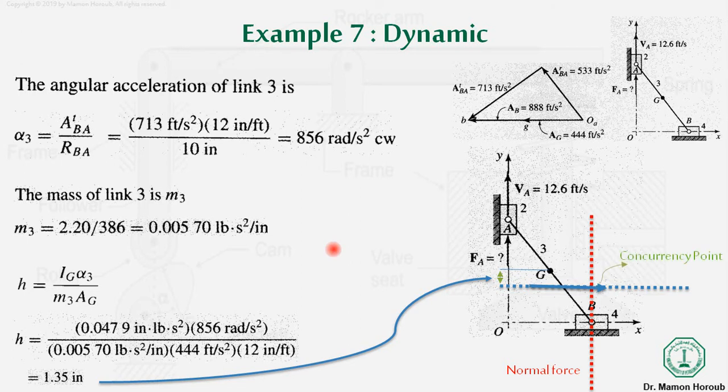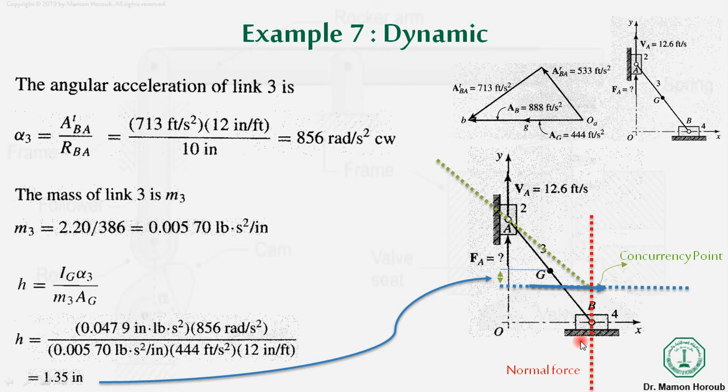Similarly, once you have this intersecting point, the only thing left is the third force in this 3-force member. It will come from link 2 to link 3, and it will also pass through the concurrency point that we have already calculated. So in this case, the magnitude of the inertial force was known to us.